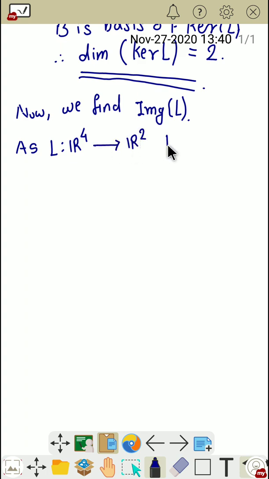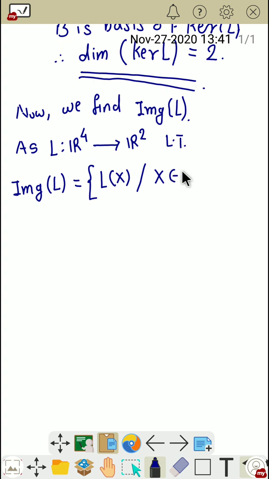And we know that the image of linear transformation L is nothing but the set of all the images L of x such that x belongs to R4.